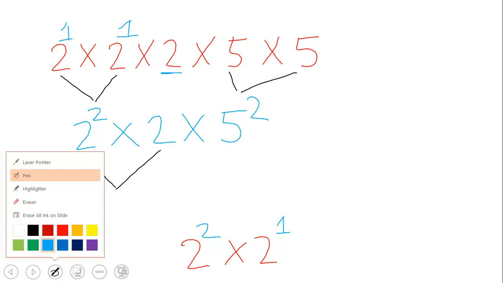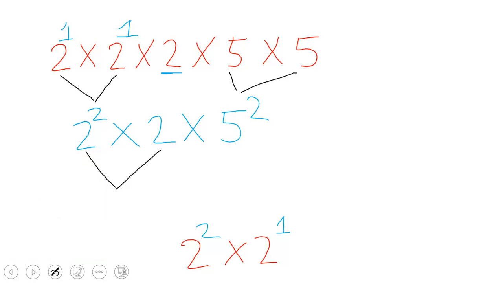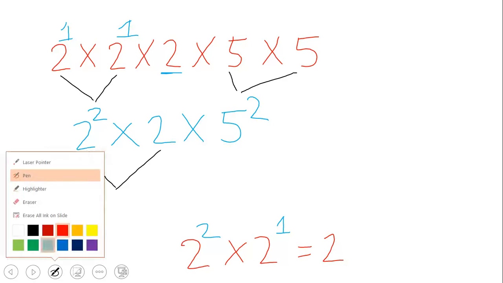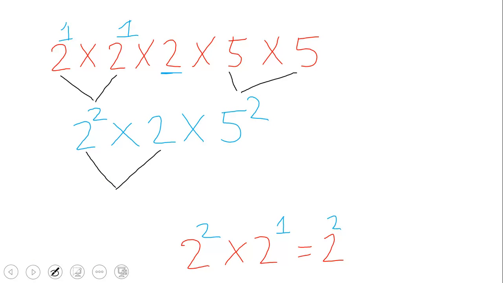We are going to add the powers. So thus we have 2 to the power of 2 plus 1, and indeed, 2 plus 1 is 3. So therefore, we have 2 to the power of 3, or 2 cubed.